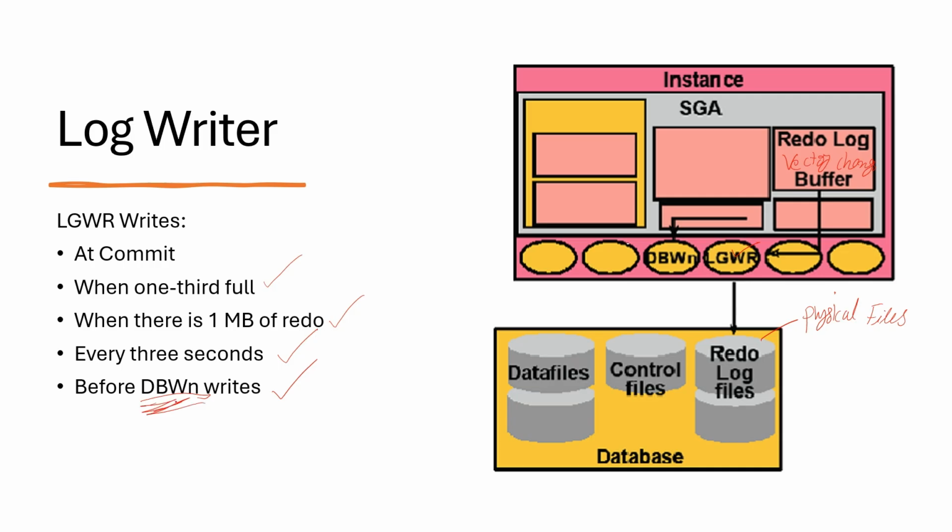because this is very important, right? Whenever a user updates data, it will be updated in the SGA, within the database buffer cache. He will not update directly in the storage. He will update in the database buffer cache only.